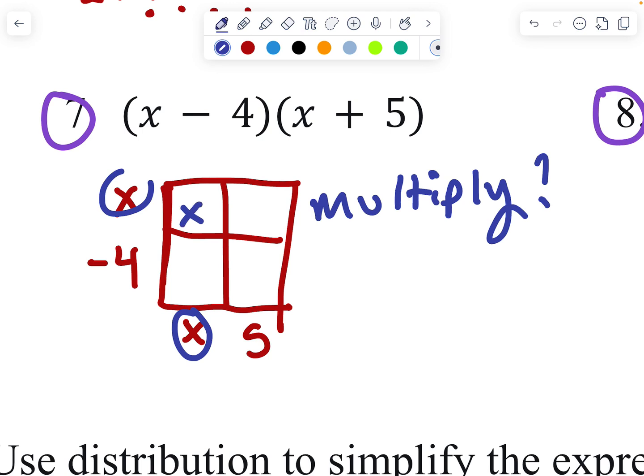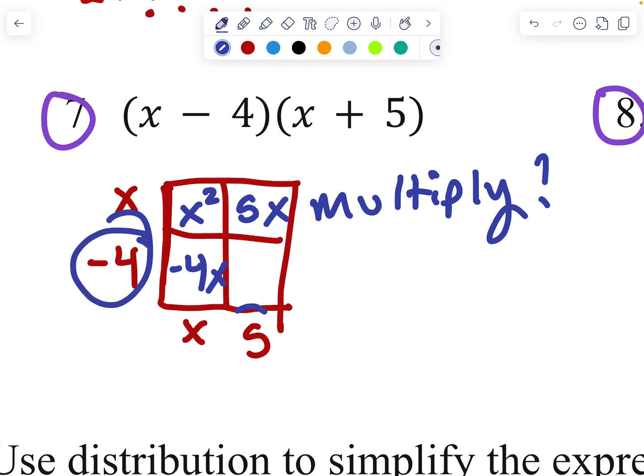So here, X times X is X squared. Then I'll do X times -4 next. Then -4 and X is going to become -4X. Then X times 5 is going to become 5X. And then finally, -4 times 5.